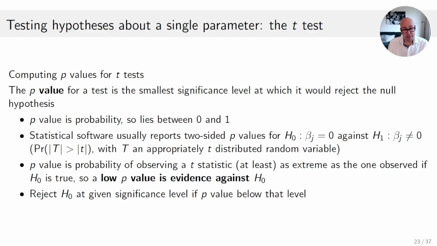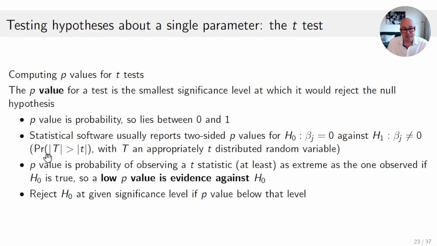It's a probability, so it lies between 0 and 1. And statistical software usually reports two-sided p-values for the null that beta j is equal to 0 against the alternative that beta j is not equal to 0.